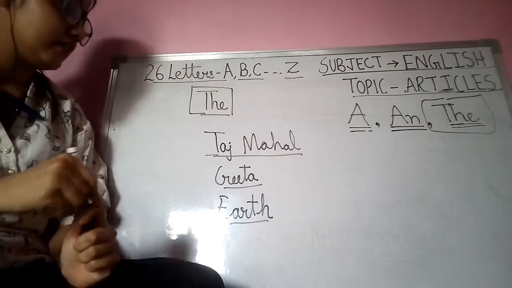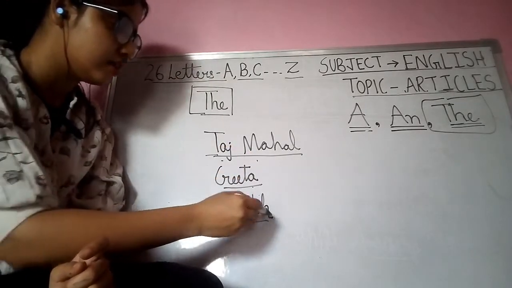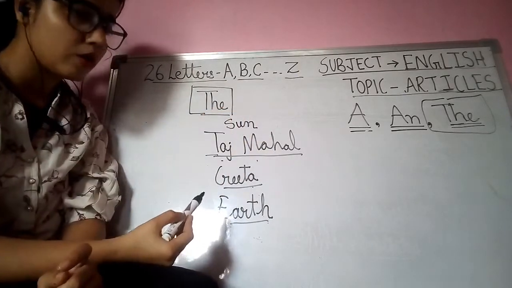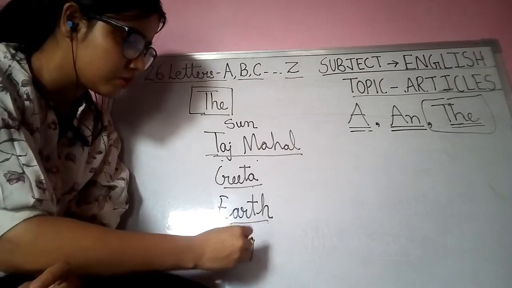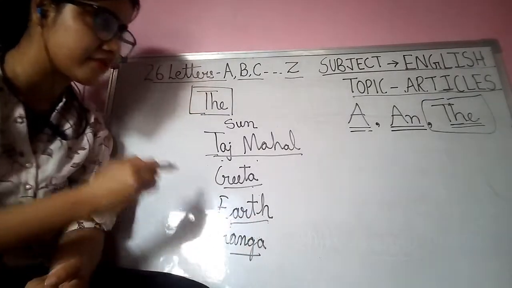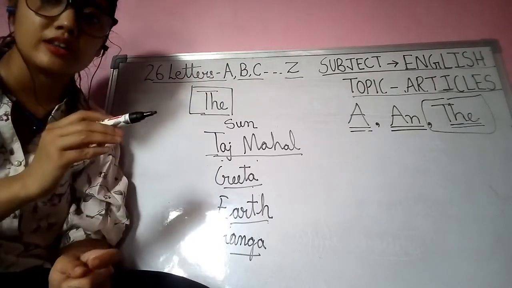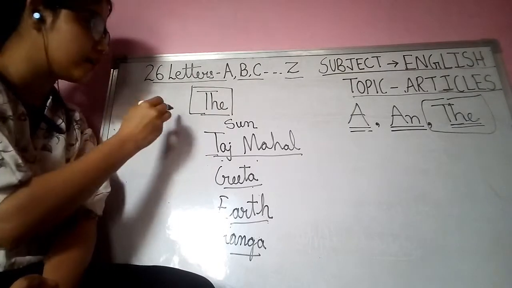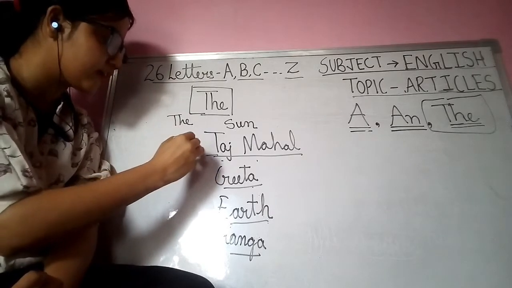Here, I have listed Taj Mahal, Gita, Earth, Sun, or let's take Ganga. You notice that these are definite things, definite places, or particular or unique things. So that's why we will use the before such a definite place or thing.